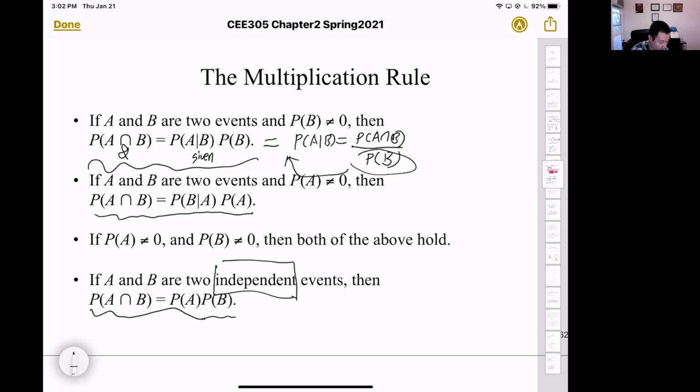The probability that the first toss is head and the second toss is head will be equal to the probability that the first toss is head times the probability that the second toss is head. Because these two tosses are independent, that will be 50% times 50%.